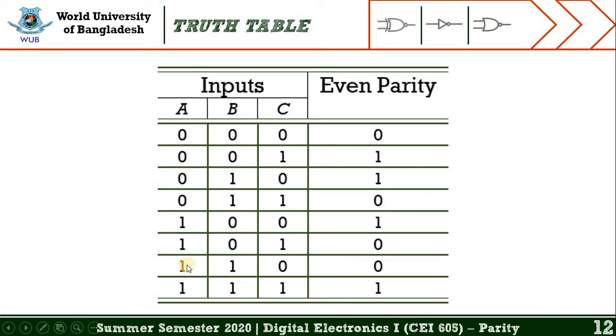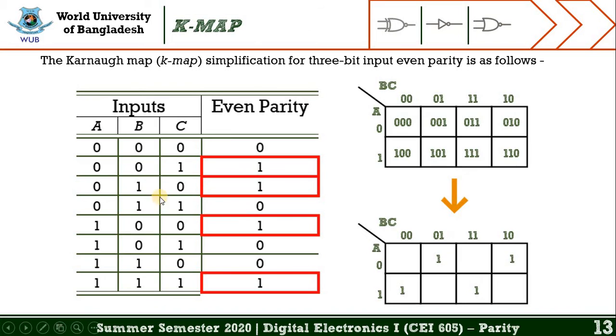But when the inputs are 0 1 1, in that case the even parity will be 0.